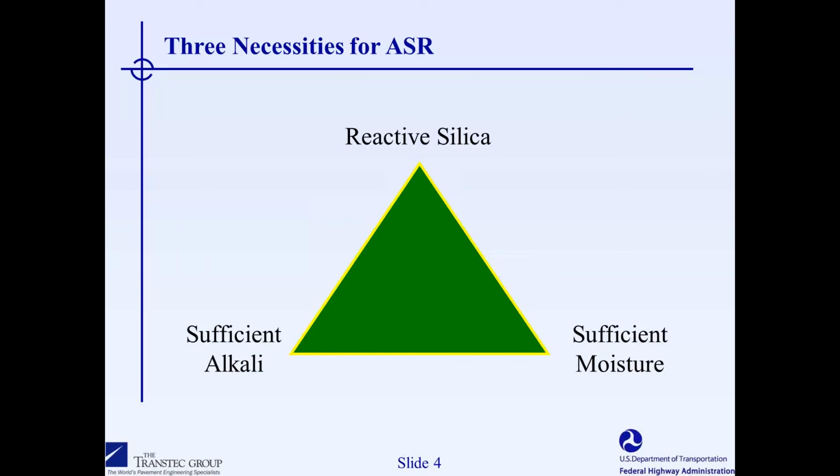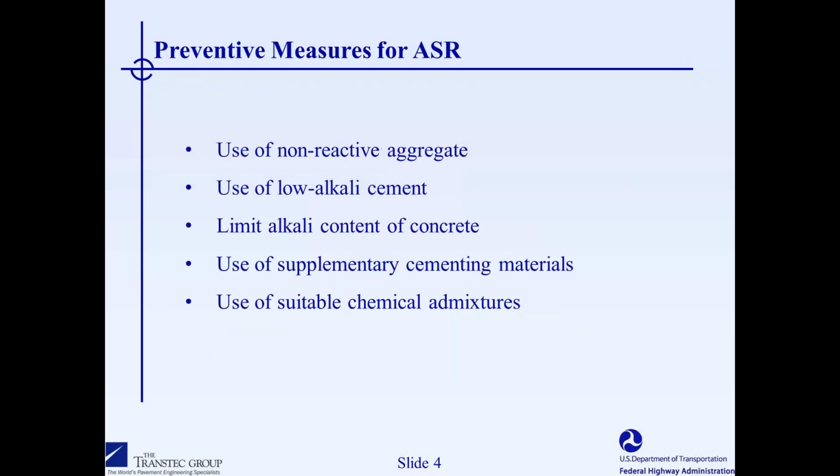Recognizing that it's difficult to control moisture unless that's your only option, which is often the case when you're dealing with existing structures that have ASR. For new construction, we would prefer the choice of either limiting the amount of reactive silica in our concrete or limiting the amount of alkali.